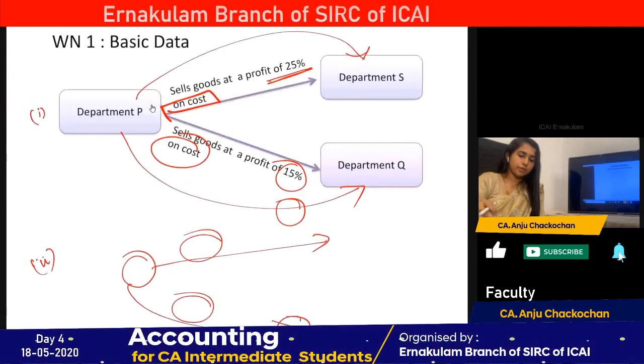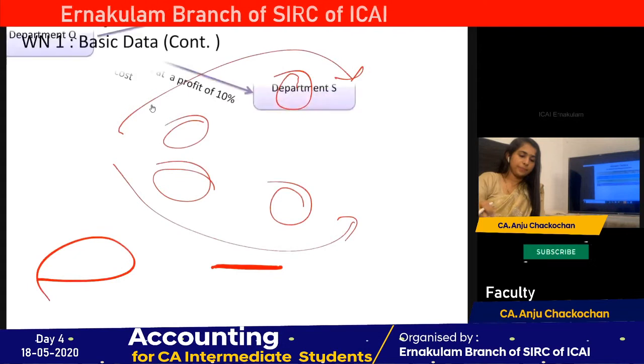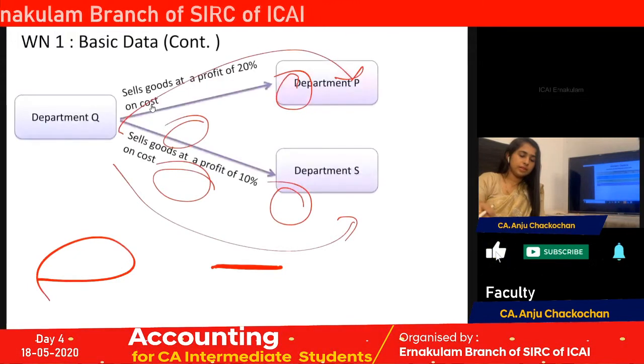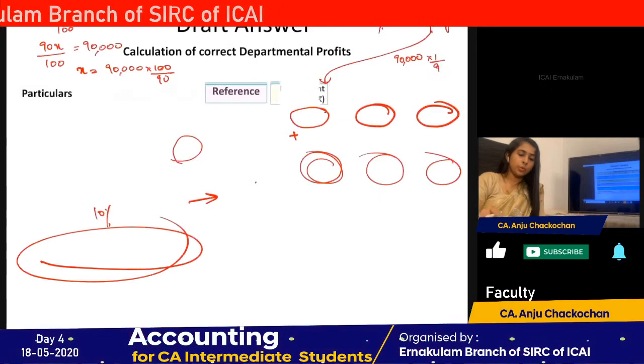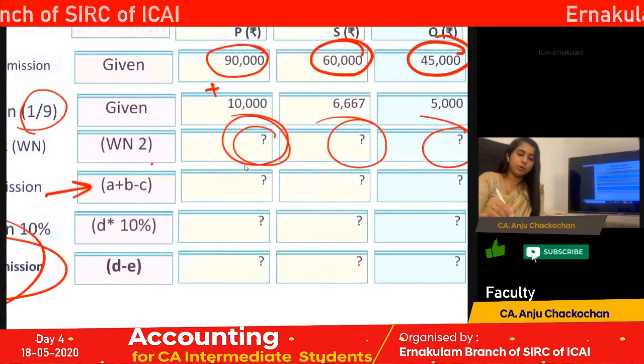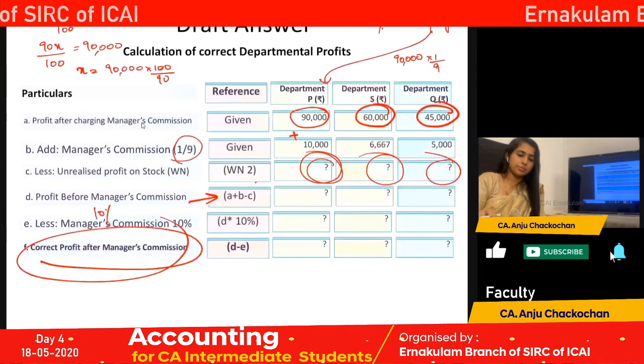Okay, we had the basic data for that, and then we only had to compute the unrealized profit amount. That was the only part missing, the unrealized profit.